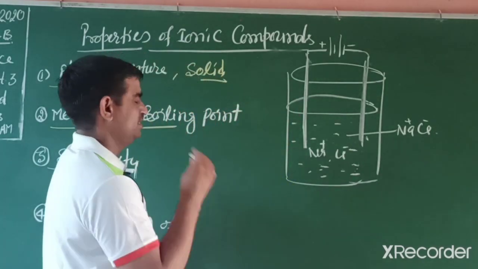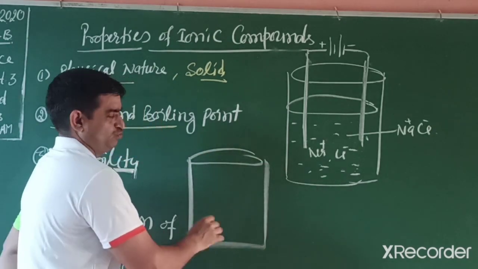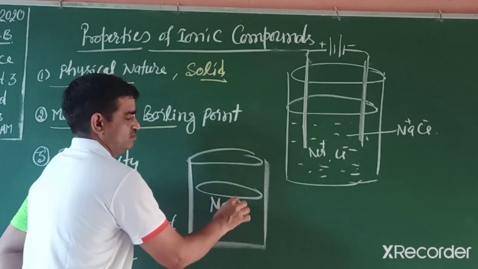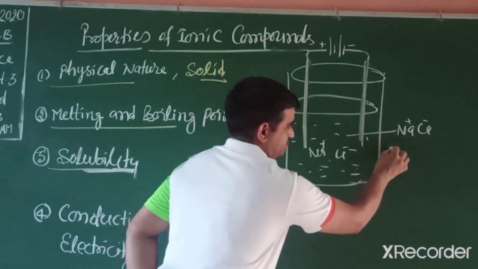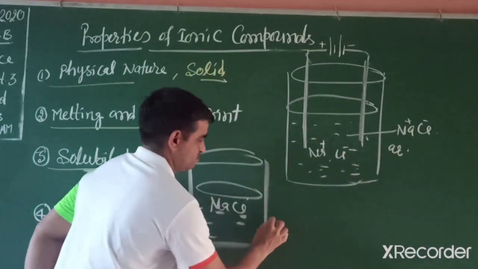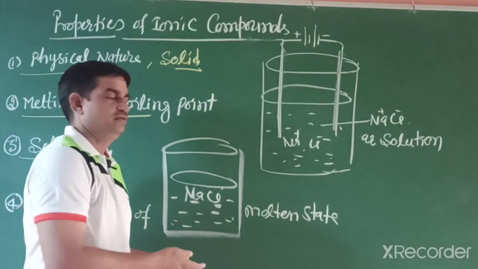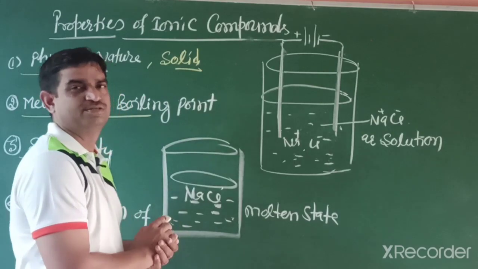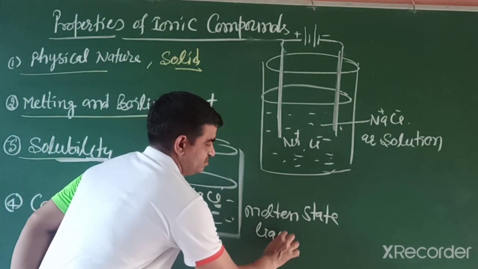Another method: they can pass current if we heat the sodium chloride so that the salt changes into molten state. Students, when we heat sodium chloride, it converts into molten state, that is, liquid state.